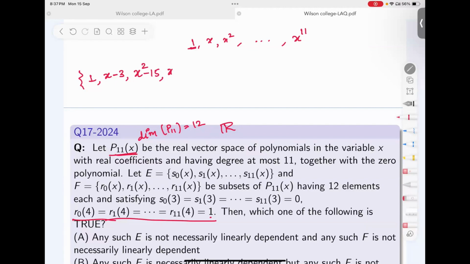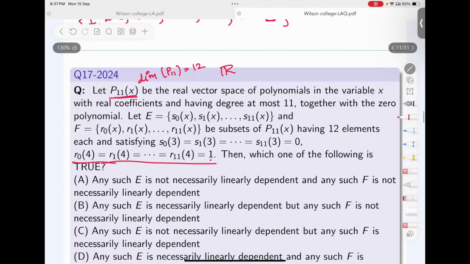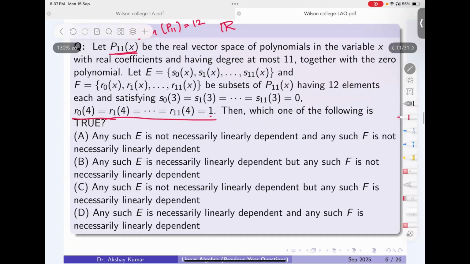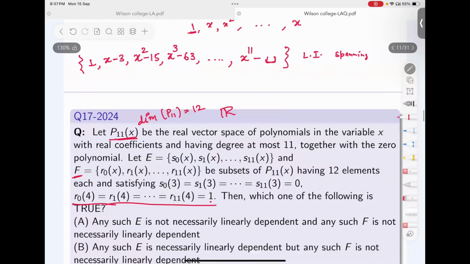Now what is 4 cube? 64. So if I subtract 63, like this, x to the power 11 minus some number will be there. So this set is again linearly independent and a spanning set. So this set F can be a linearly independent basis and spanning set also.